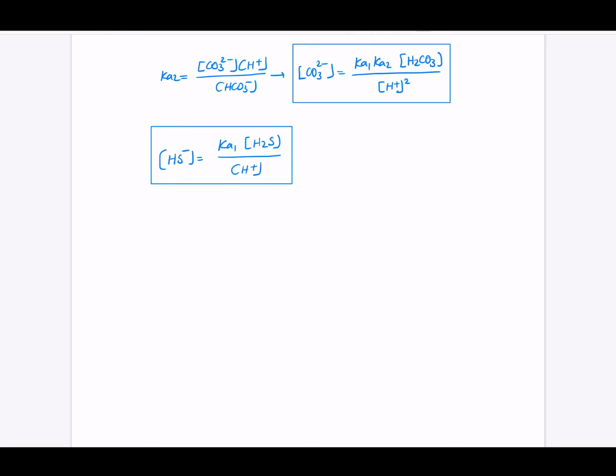And S2 minus would be Ka1 Ka2 times H2S divided by H plus to the power of 2.